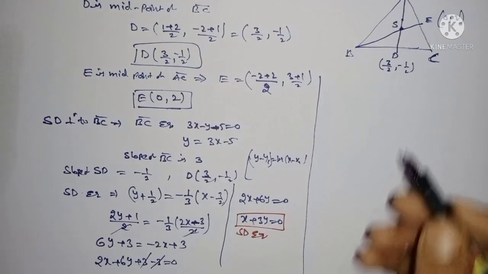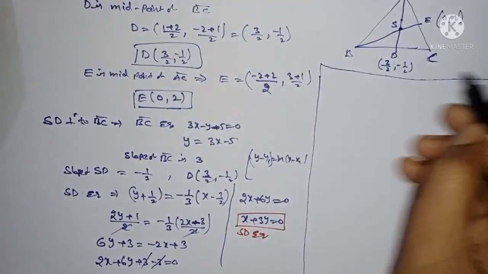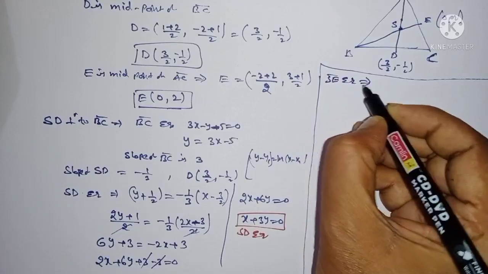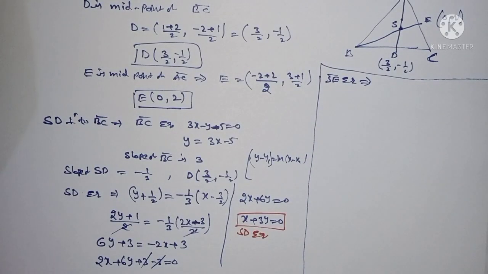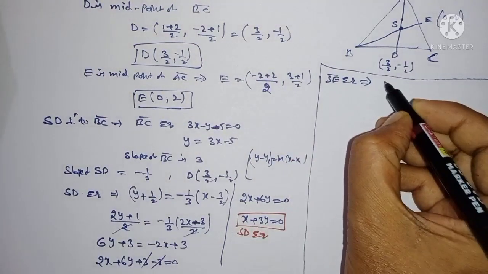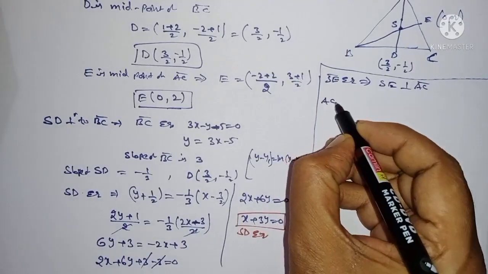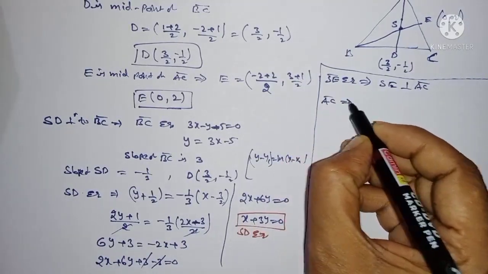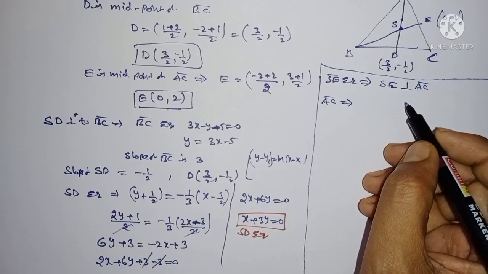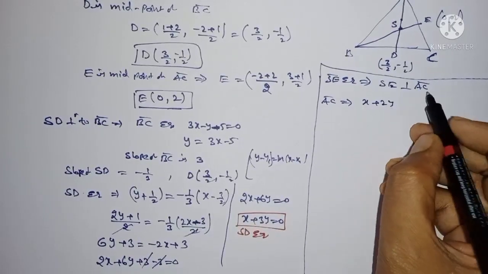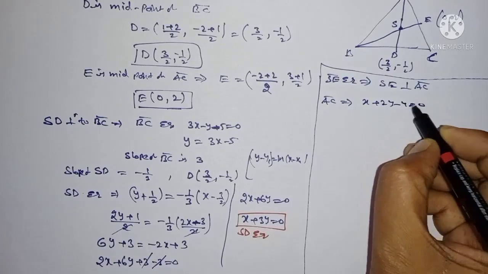Again, you can find here SC equation. For SC equation, first you got E here, and SC is perpendicular to AC. Therefore, AC equation is, you can write once again, x plus 2y minus 4 is equal to 0.